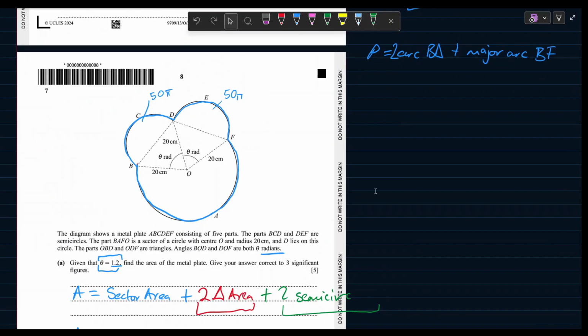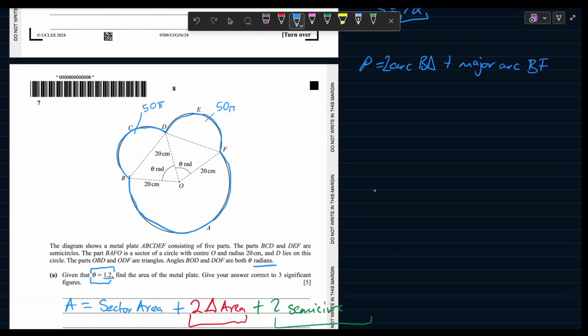So we've been given that the area of the semicircle is 50 pi. How do we find the area of our semicircle? It's going to be half pi r squared, and this is equal to 50 pi. Using this equation, we can find what our radius is. We can say that r squared is equal to 50 pi divided by 1 over 2 pi.